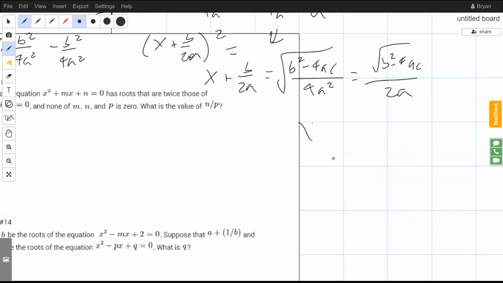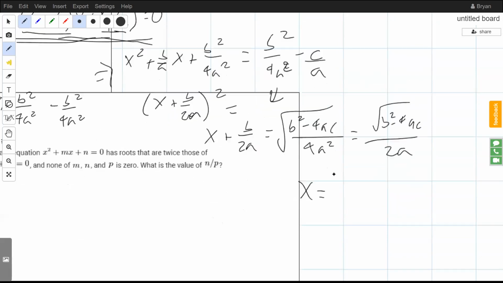So we have x is going to be equal to, oh yeah, I forgot. When we take the square root of something, it's plus or minus, because positive and negative doesn't matter when you square it. So you have x equals negative b over 2a plus or minus the square root of b squared minus 4ac over 2a.